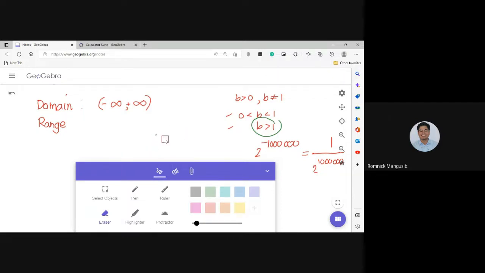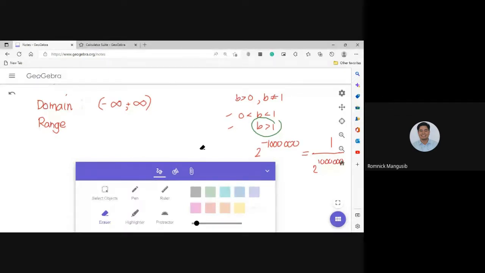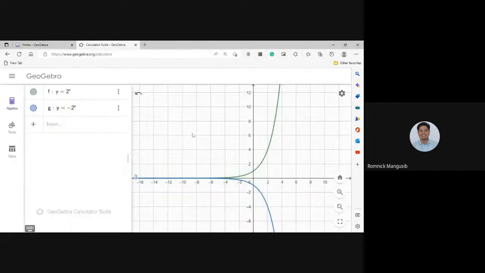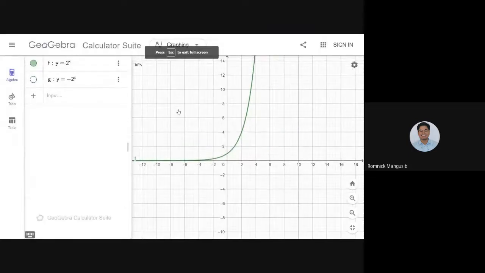Yung graph kasi pinapakita niya na, yung graph, okay, pinapakita niya na kapag positive, no, positive 2 raised to x, ay paakyat ang graph.